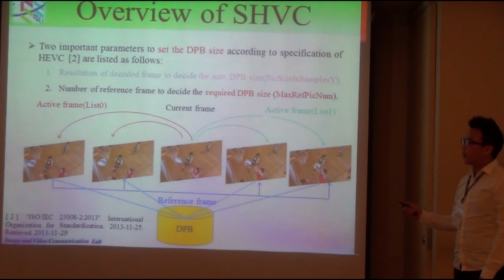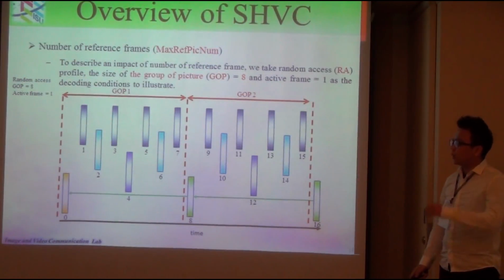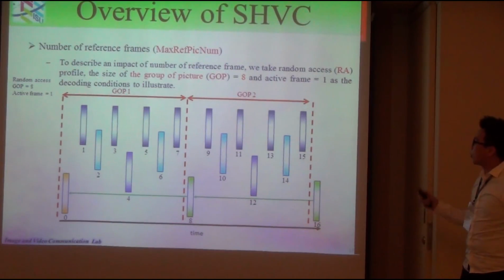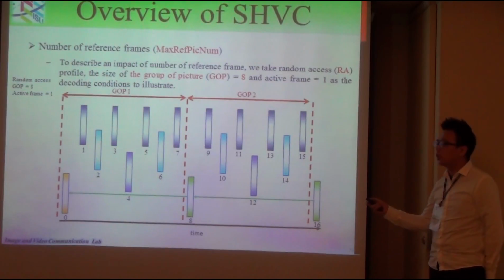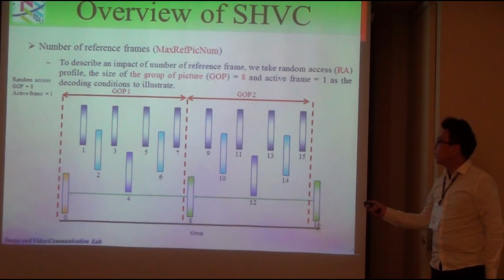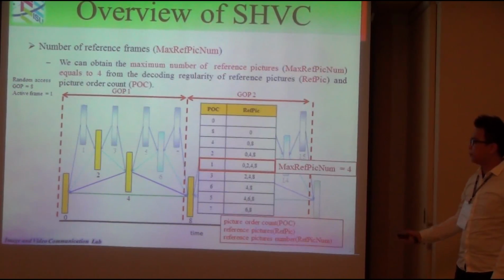Second, number of reference frames to design the required DPB size. To describe the impact of the number of reference frames, we take the random access called RA profile. The size of the group of pictures called GOP equals 8, and the active frame equals 1, as the decoding conditions to illustrate.